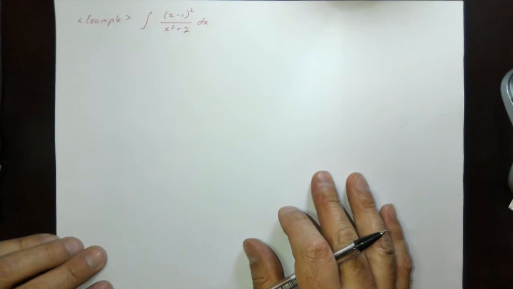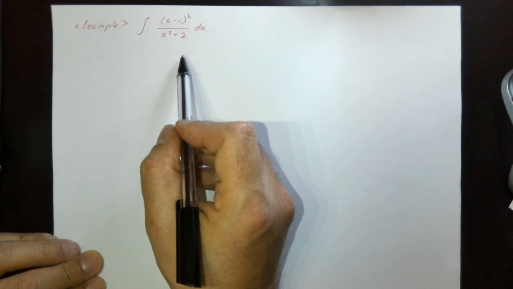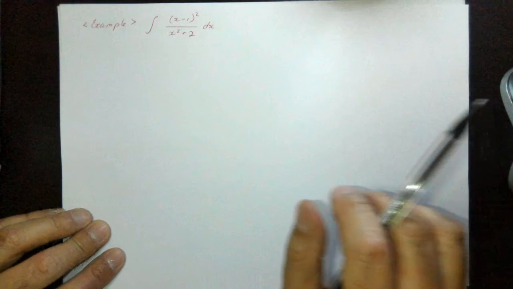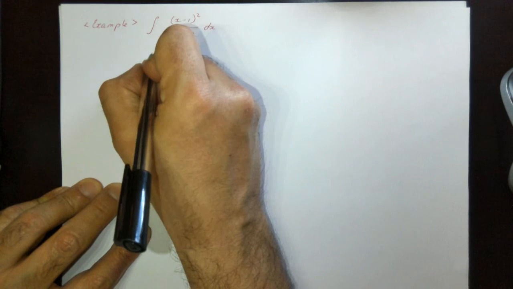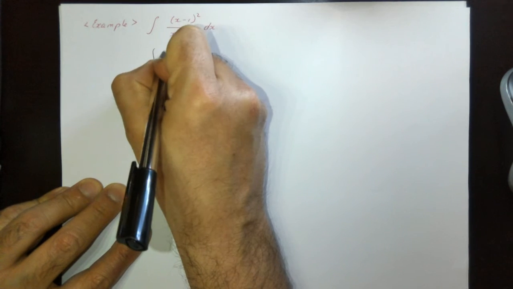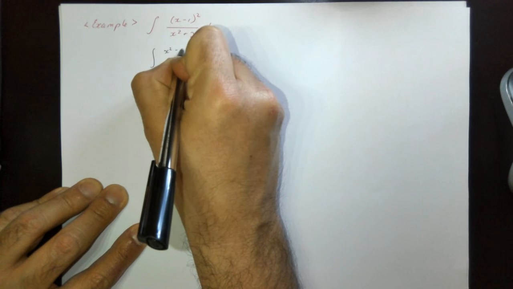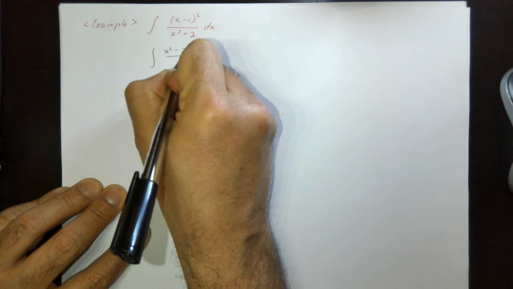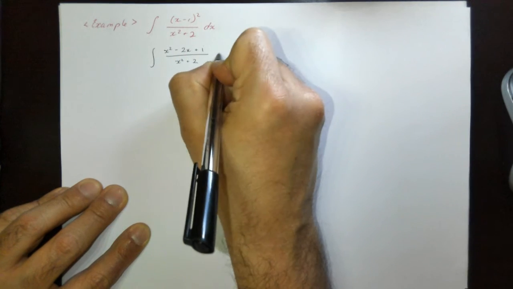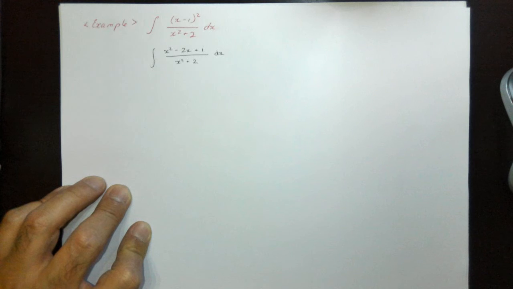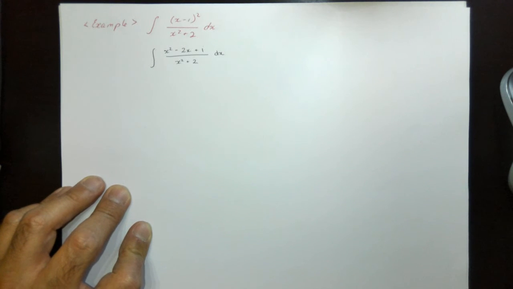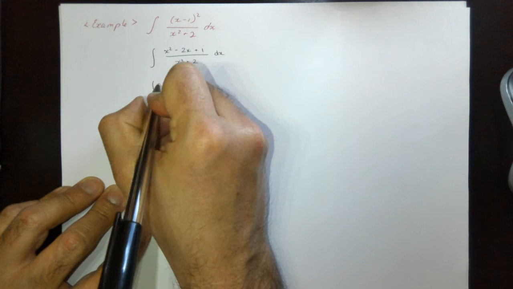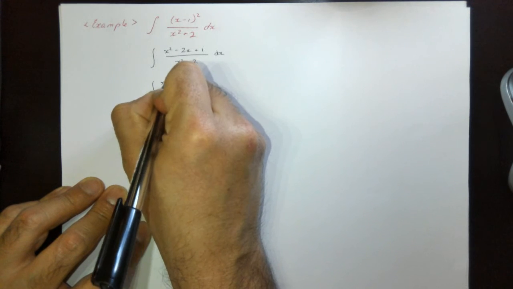We'll do another example. So we've got the integral of x minus 1 all squared over x squared plus 2. What I'm going to do with this one is expand the top. So it gives me x squared minus 2x plus 1 over x squared plus 2 dx.